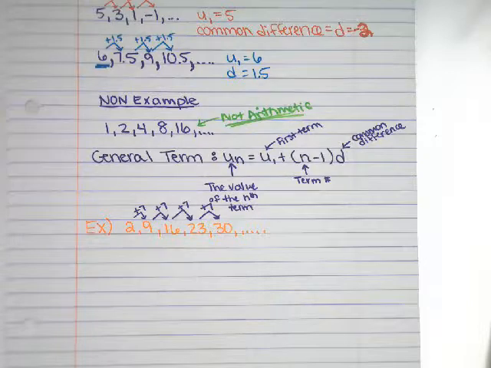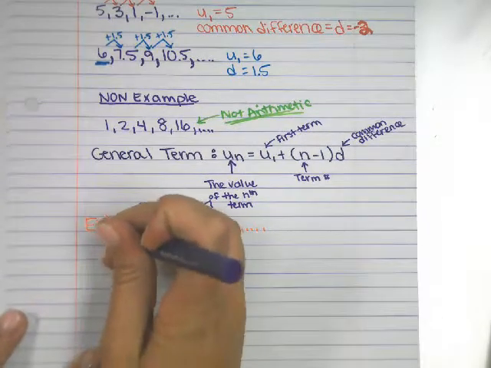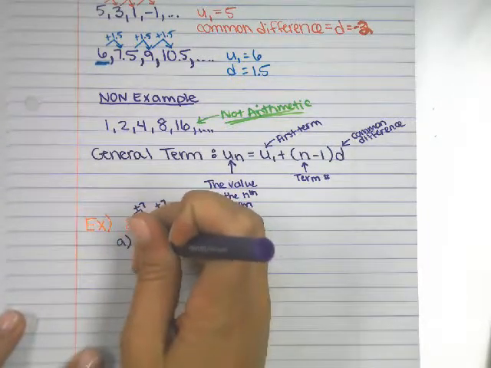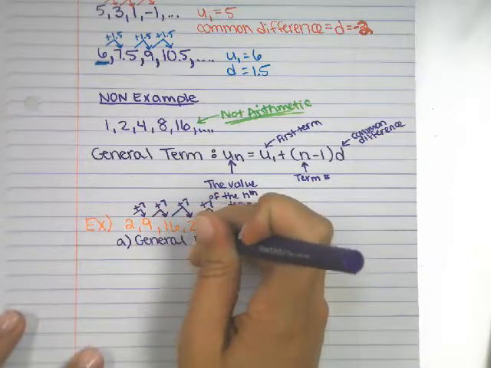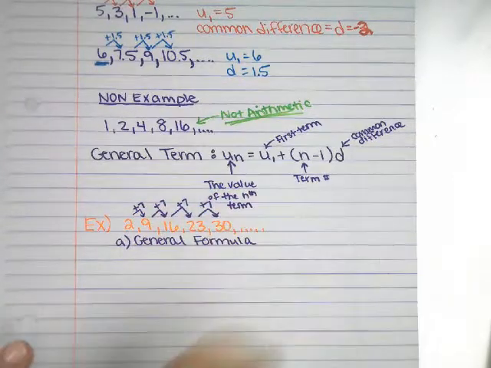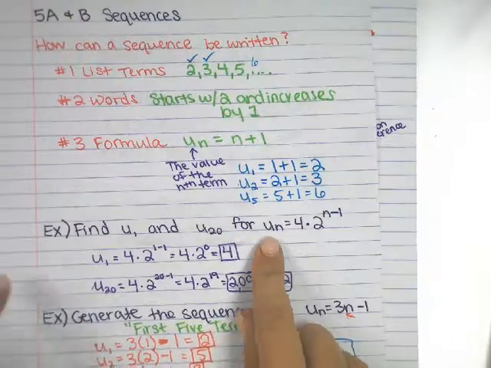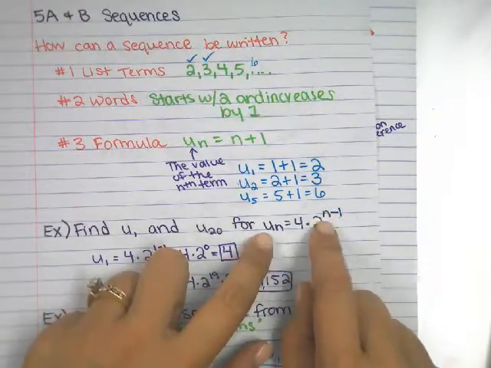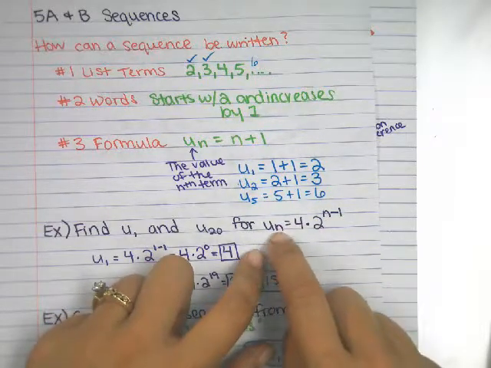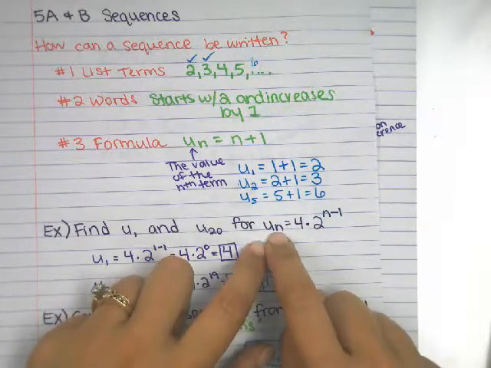To write my general formula, which is the first thing we want to do: our general formula had an n in it, so we could plug in a term value, and it left this as u sub n, so we could find any term we want.